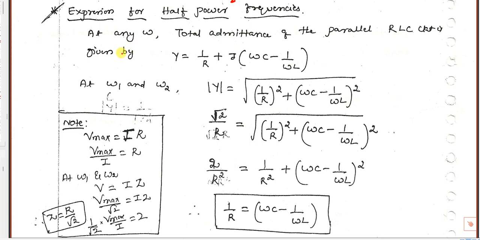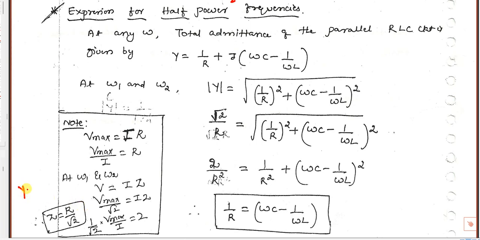At omega 1 and omega 2, in series resonance circuit, we have Z equal to root 2 times R. But in parallel resonance, at omega 1 and omega 2, Z is equal to R by root 2. Okay, Z is R by root 2.